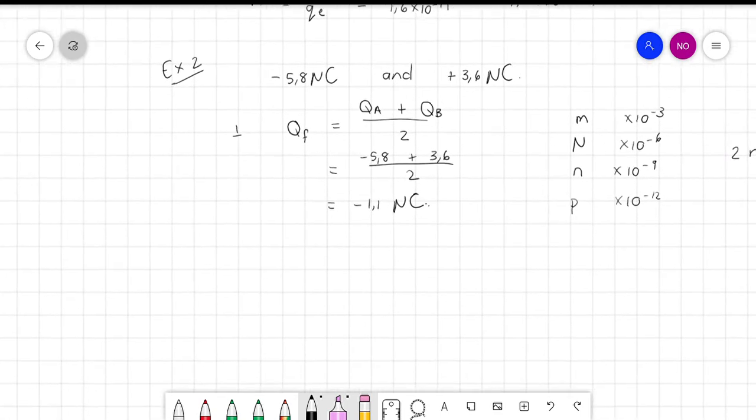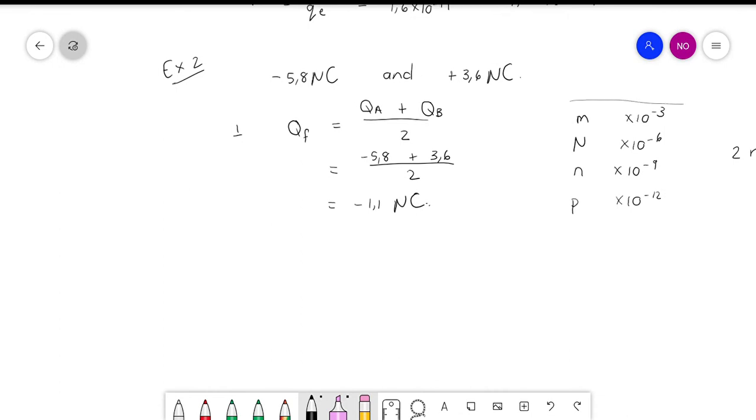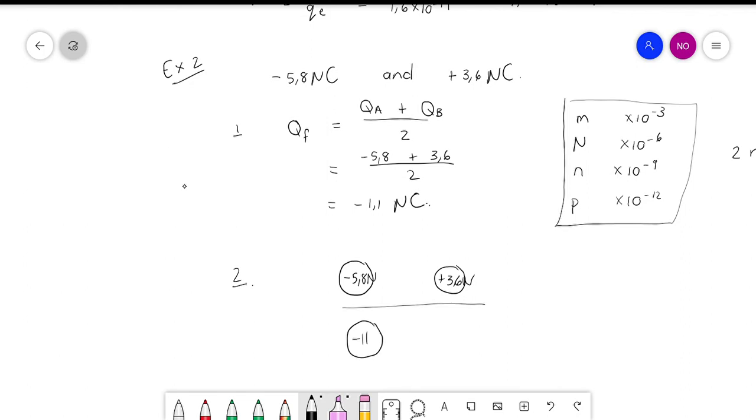Okay, and that's going to be important for the rest of this calculation, because now they ask us how many electrons were transferred during this interaction. So remember, we had our one sphere and we had our other sphere. Both of them are microcoulomb, eh? Then they got in touch with one another and we ended up with negative 1,1 on both.